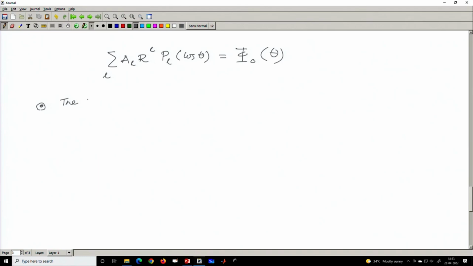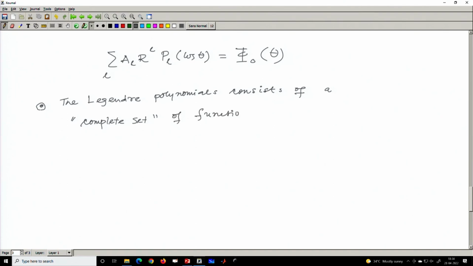So, the Legendre polynomials now consist of a complete set of functions in the interval -1 to 1.